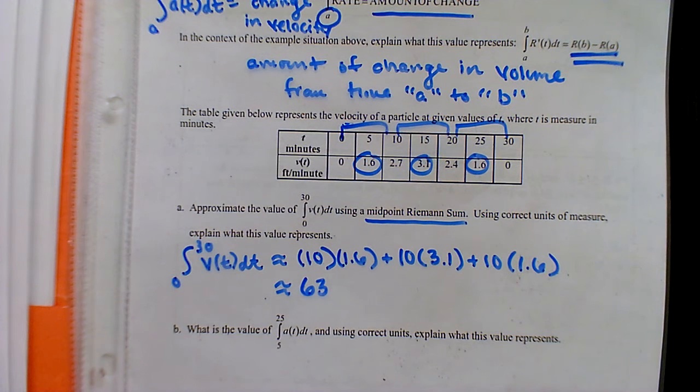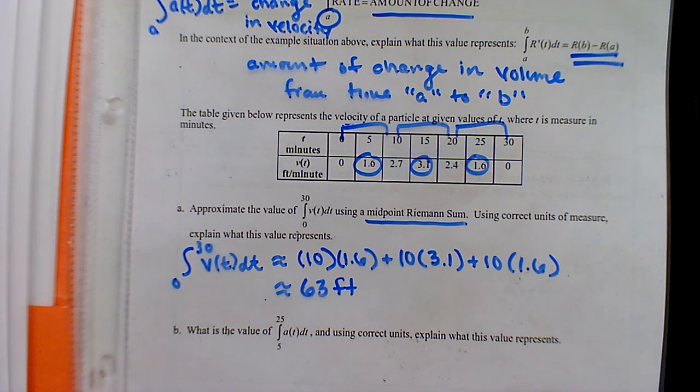Can we put a unit to it? If you work backwards from velocity, you get feet, a position, right, a location, a distance, okay? So what do you think this 63 feet represents?